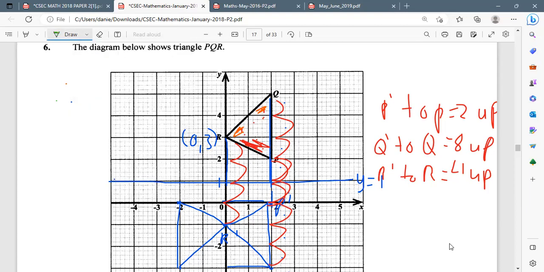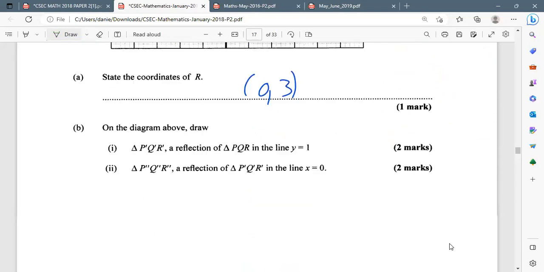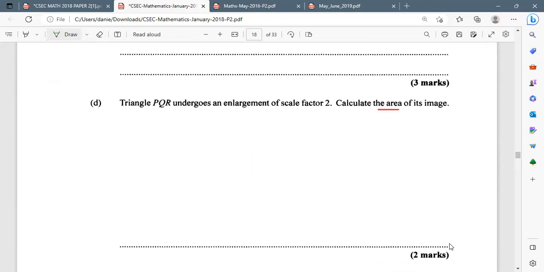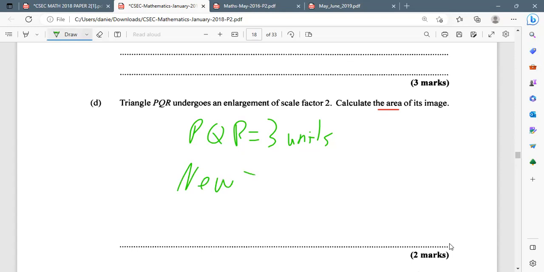This is a whole block. So like 3 blocks here. So PQR was equal to 3 units. The new one is equal to 3 multiplied by the scale factor, because we know it's going to get bigger. So it will be 6, and that will be the answer.